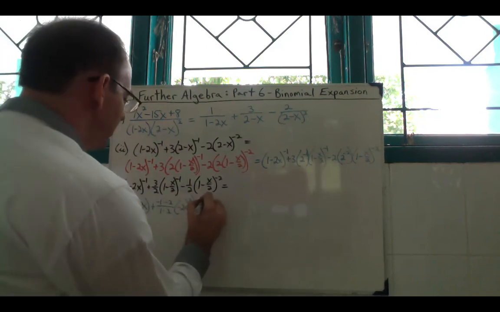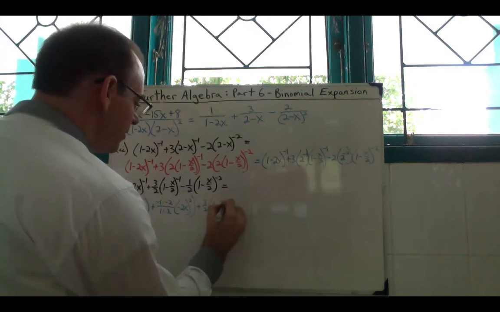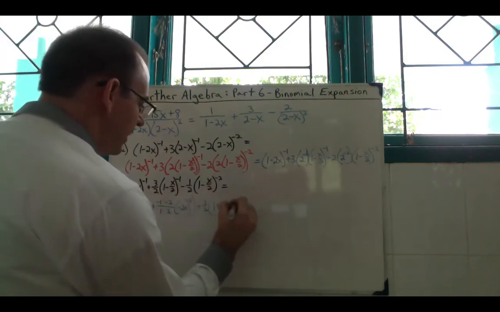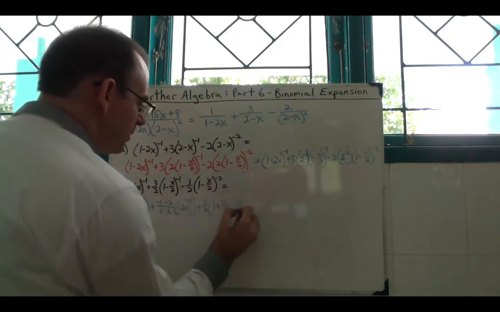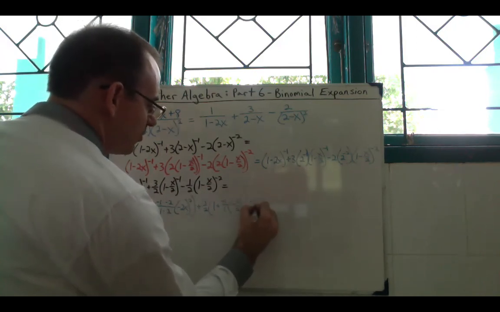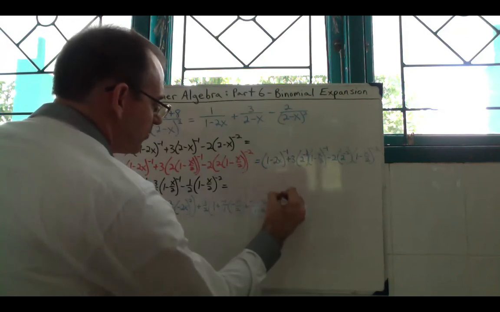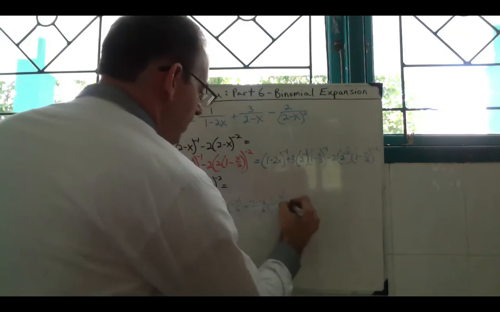Now we have a plus 3/2, 1 plus -1 over 1, and we have a -x/2 to the first power, plus -1 times -2 over 1 times 2, and a -x/2 squared. We're done with that one.